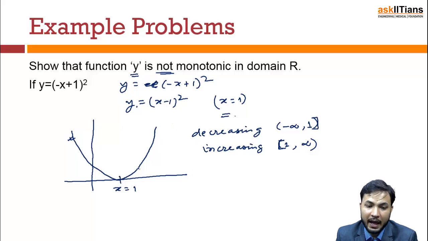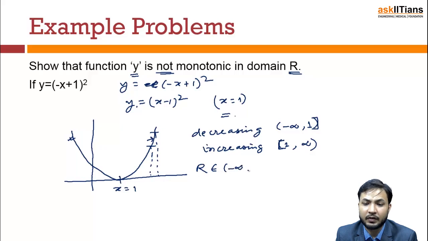Had the case been similar, let's say if I took this domain, then I could have said that it is monotonic, but I am taking the domain here as R. So first I define its domain. This domain R will belong to minus infinity comma 1 union 1 comma infinity.